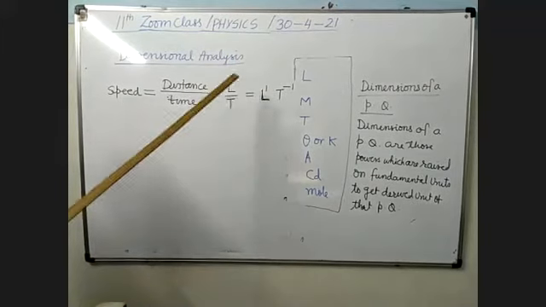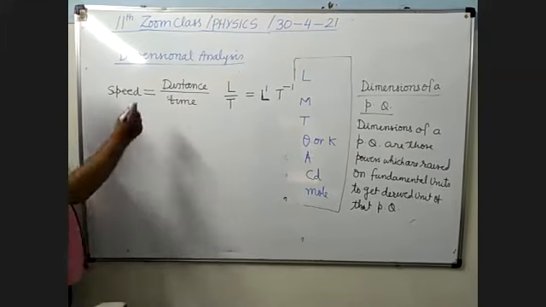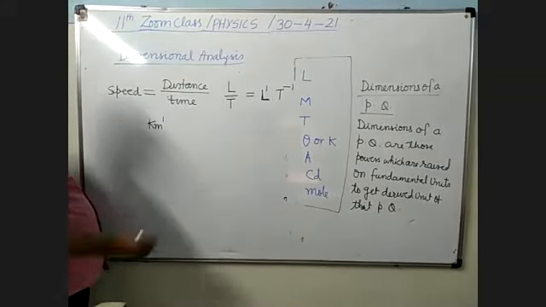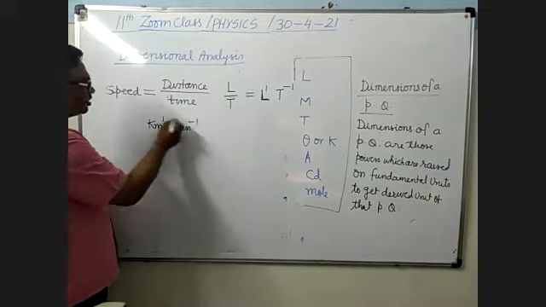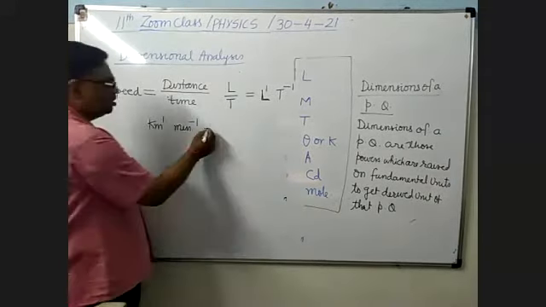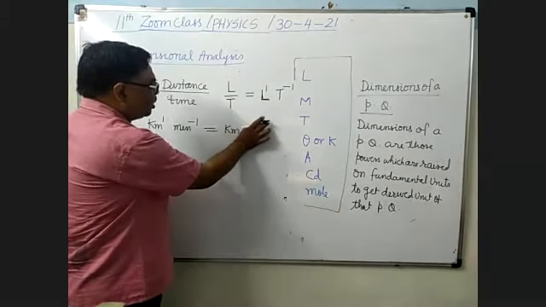If you raise these powers, you will get the unit of speed. For example, if I take the unit of length as kilometer and time as minute, this will be the unit of speed: kilometer per minute.